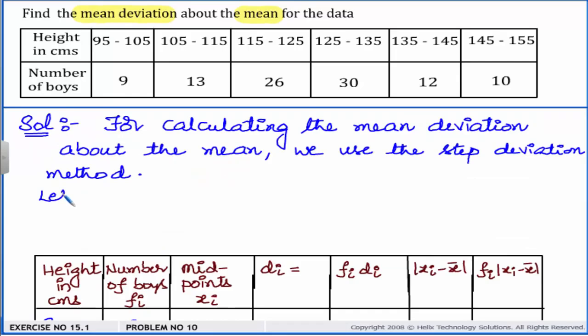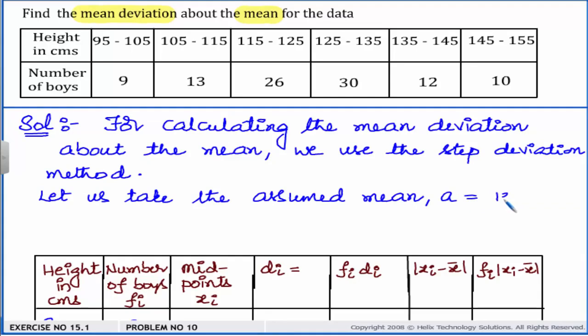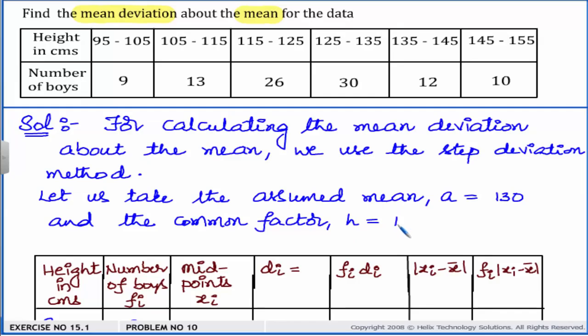Let us take the assumed mean as A is equal to 130 and the common factor is equal to h is equal to 10.